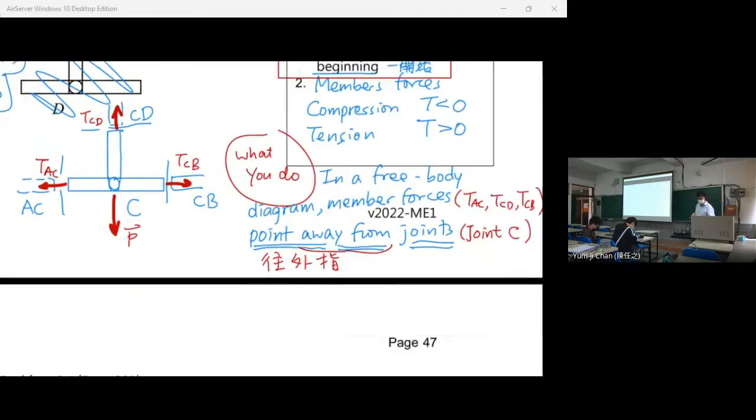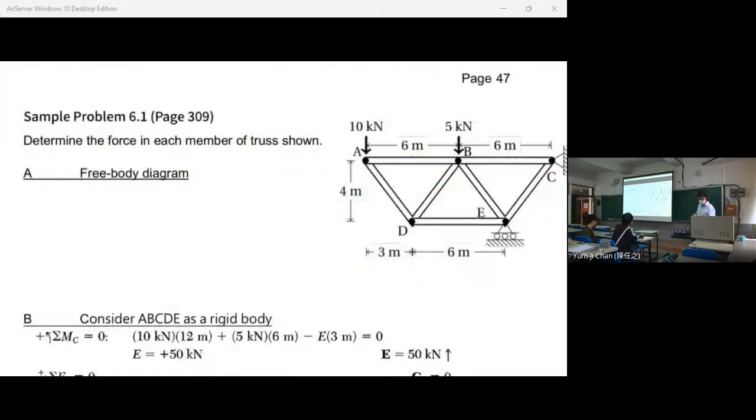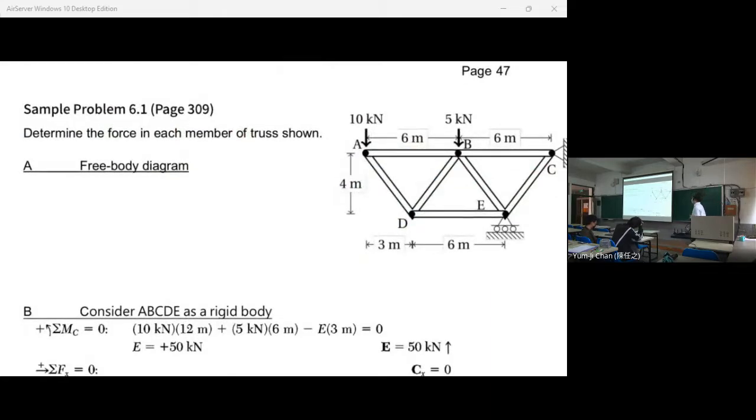Now we go to sample problem 6.1. So we have a truss like this and determine the forces in each member. I will only do one. How many members do we have here? We have this shape and then two members here.